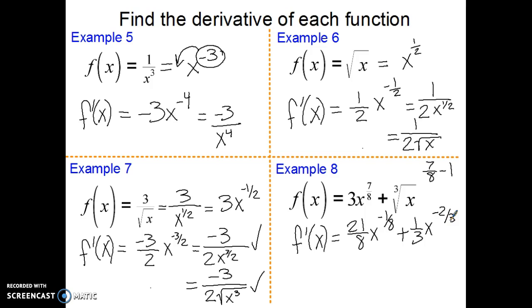At this point, we should rewrite our answer. So f prime of x is going to be equal to 21 over 8 times x to the 1/8 plus 1 over 3 times x to the 2/3. We're just rewriting our terms without negative exponents.